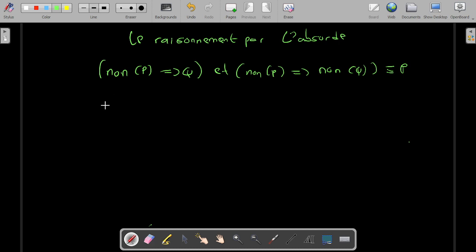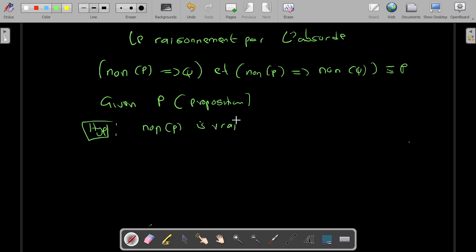So given P, this P is a proposition, so it can be an assertion or a predicate. Our procedure is going to be that our hypothesis is non P is vrai.